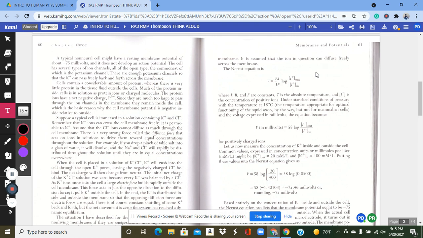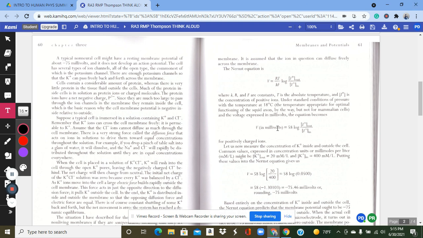So under standard conditions of pressure with the temperature of 18 Celsius, the temperature appropriate for optimal functioning of the squid axon, by the way, but not for mammalian cells, and the voltage expressed in millivolts, the equation becomes, okay, so they converted the equation.